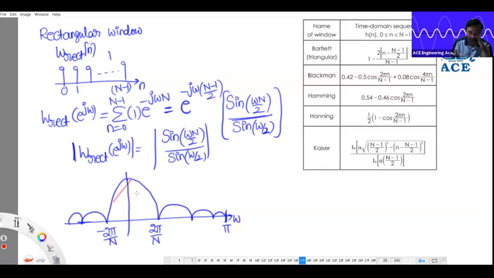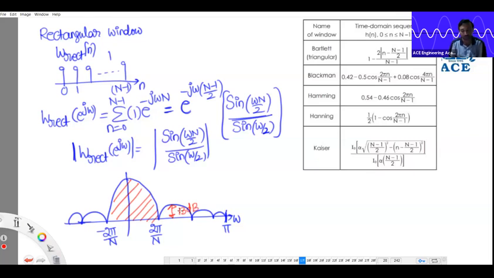Its main lobe width is 4 pi by n. How did I get that? Sin(omega n by 2) equals 0 means the general solution is plus or minus m pi; solve for omega. It maintains a narrow main lobe width, but the peak side lobe level is 13 decibels less than the main lobe.